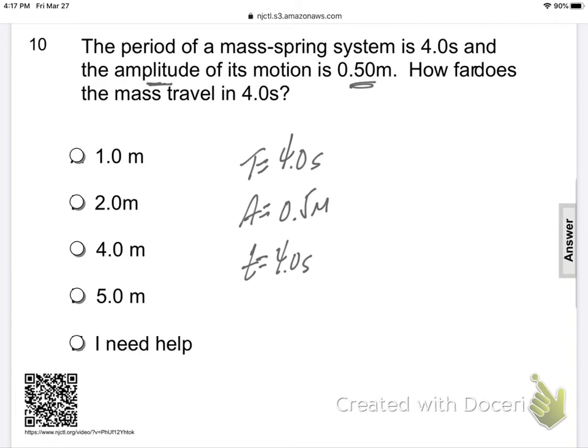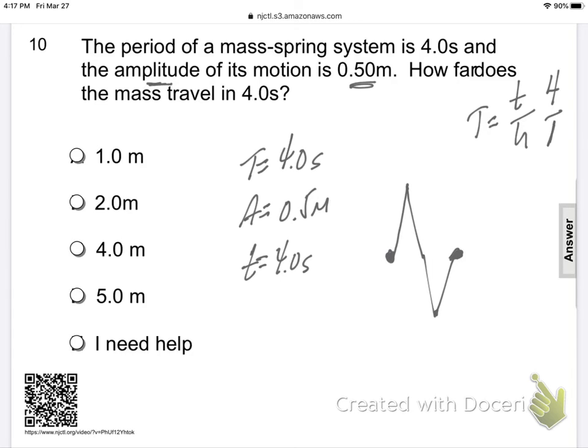Well, it has a period of 4 seconds, which means period is equal to time over n. So in 4 seconds, it's going to make one cycle. If it starts here, it's going to go up, down, down again, and up. And this is when it's back at its original starting position.